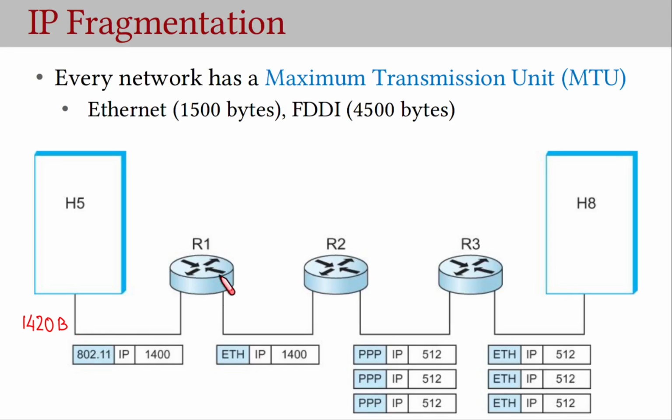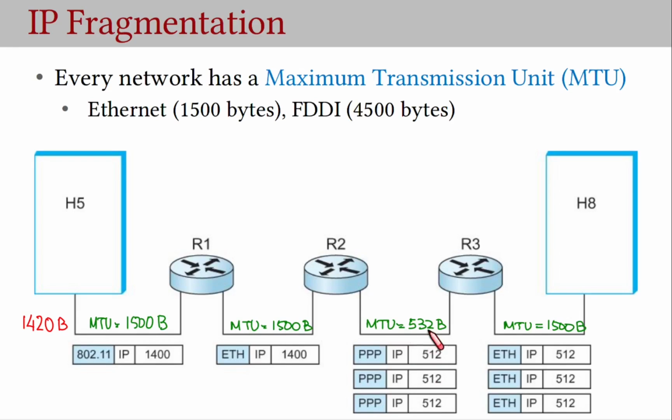Now router R1 was connected to R2 using Ethernet, and they happen to have the same MTU. So the only thing that changes here is the header is now an Ethernet header. And now R2 and R3 were connected using some point-to-point link. And in this example, it's assumed that the MTU on this link is 512 plus 20 bytes, that's 532 bytes.